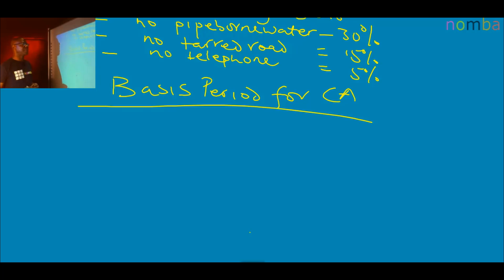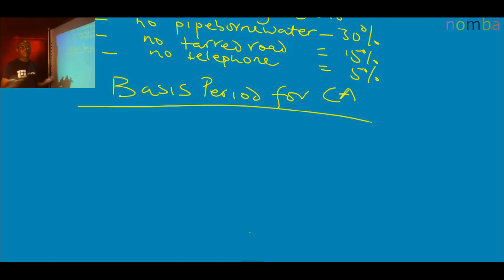This basis period for capital allowance is necessary to enable us know when an asset will first be entitled to annual allowance and initial allowance. Remember, capital allowance, we have initial, annual, investment, and what have you. Now, how can one know when an asset will be entitled to initial allowance?